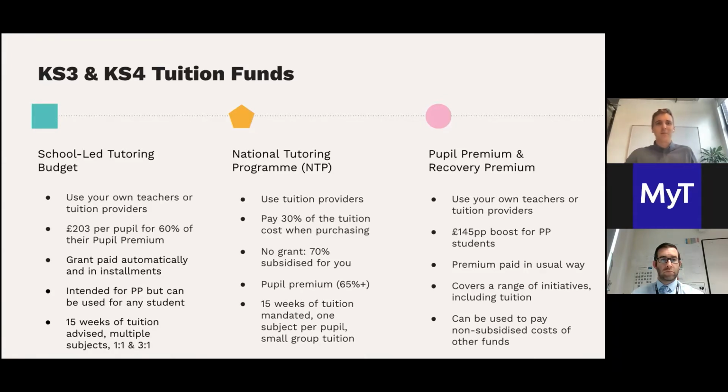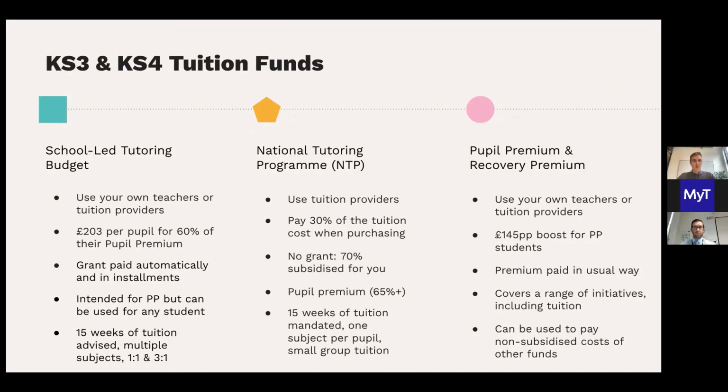Essentially, it was designed to provide a little bit more flexibility to schools who were familiar with the National Tutoring Programme before. And so whilst it's funded on a pupil premium funding formula, it's not a designated pupil premium pot. It's to be used for tuition, but can be done with your own teachers or tuition providers. So crucially, you've got that distinction. You're able to run it in a couple of different ways.